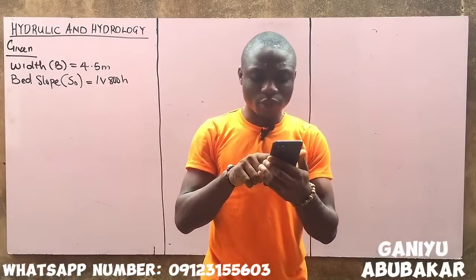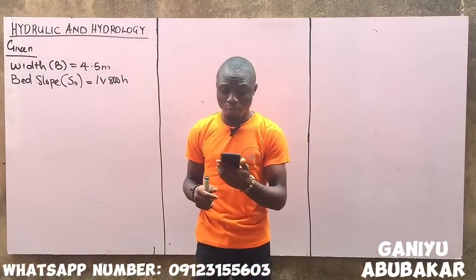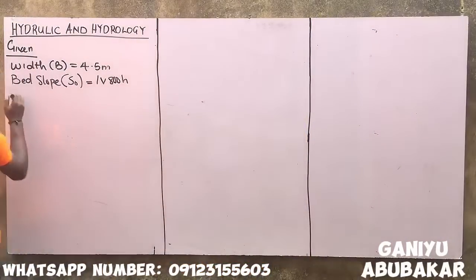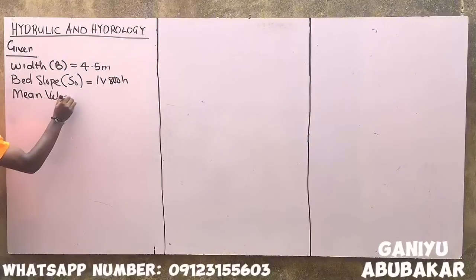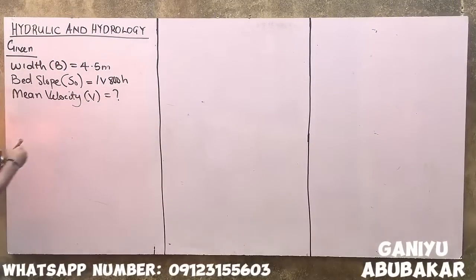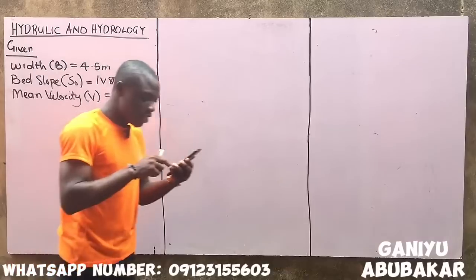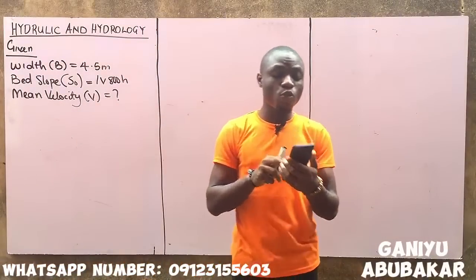Next, the question says find the mean velocity. So I'm looking for mean velocity V, which is unknown. And the discharge Q when the depth D is 1.2 meter.